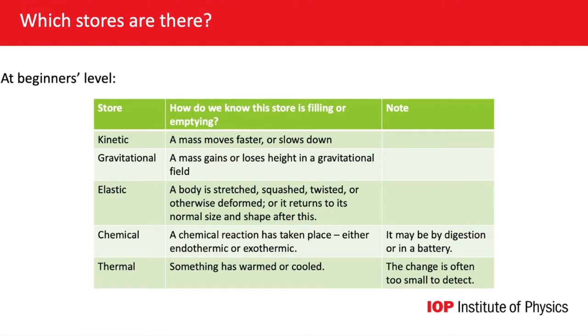There are other stores that are introduced once the children get into the older age groups, but I think we'll leave those for now. So that being said, lots of teachers will have taught electrical, sound, and light as forms of energy. Why aren't these stores?